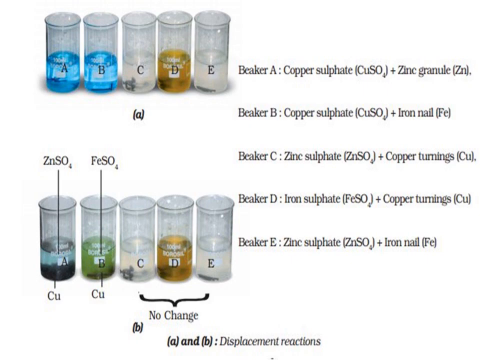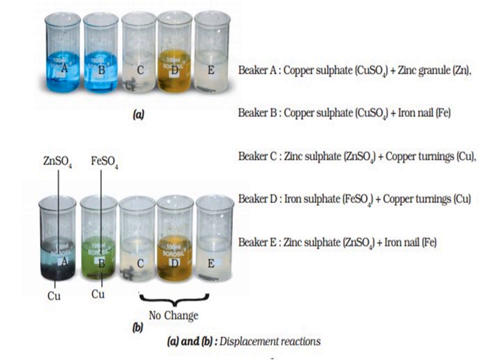First we have taken the beakers A, B, C, D in the A part. In beaker A, we have taken copper sulfate solution, that is CuSO4. It's a blue color solution. And we have kept zinc granules in it, that is Zn. In beaker B, we have taken copper sulfate, that is again CuSO4, plus an iron nail, that is Fe.